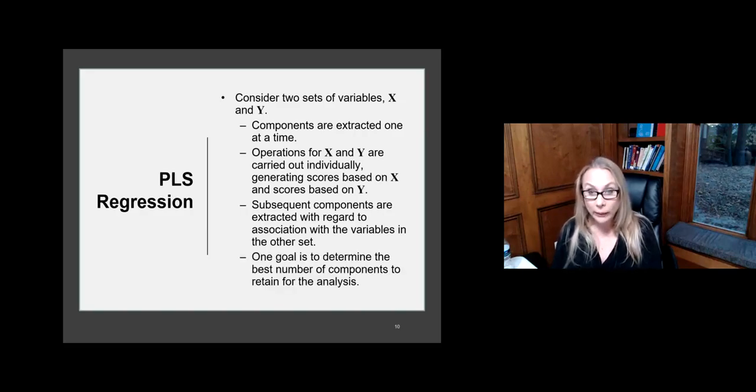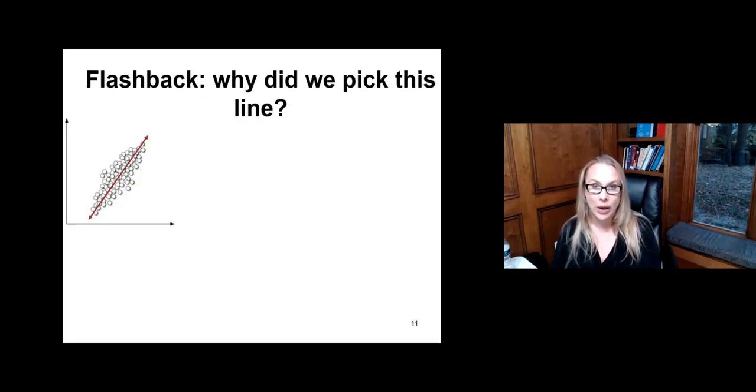One goal that we will have is to determine the best number of components to retain for the analysis. Ultimately, when we are trying to use the regression for prediction, the partial least squares regression is going to be more effective because this is taking into consideration the Y component of the Y responses as well.